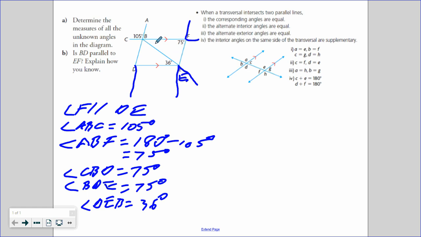Okay. And our idea here is it's alternate interior angles, because we know angle DEB is 36. So we're going to use the alternate interior angle.